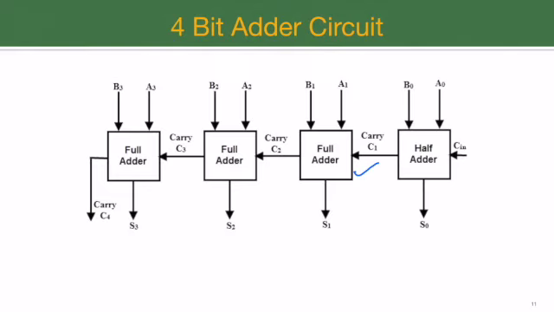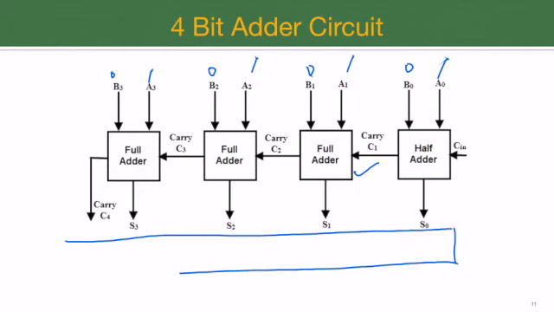So here the first number is a 4-bit number with values of A3, A2, A1 and A0. This is where the bits of the first number will get connected. This is the location where the bits of the second number will get connected. We will have our result output coming up here, and the C in will always be 0. There is nothing before this.